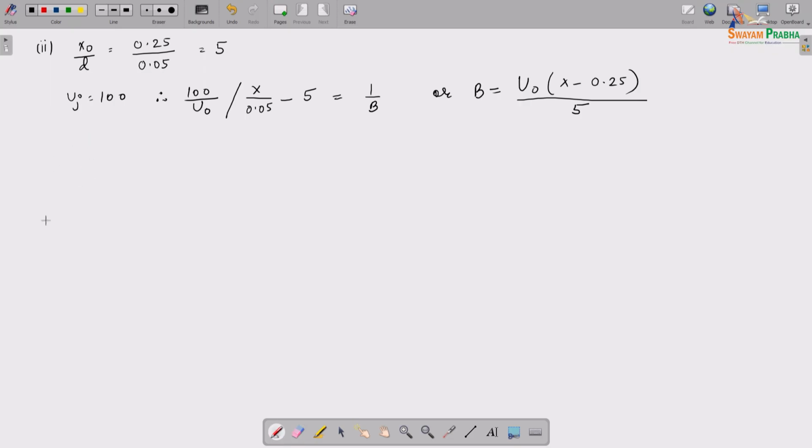Now b is that, and mean velocity at r half is equal to u naught by 2. So in this case, u naught by 2 is half into half into 5b by x minus 0.25.